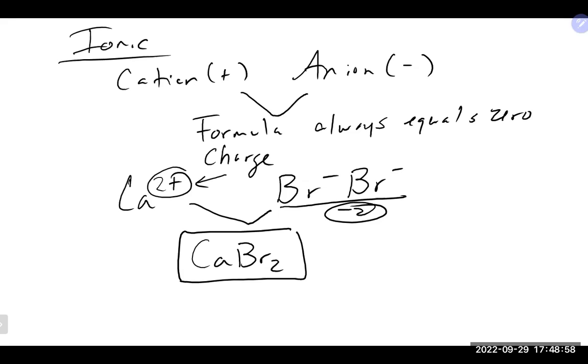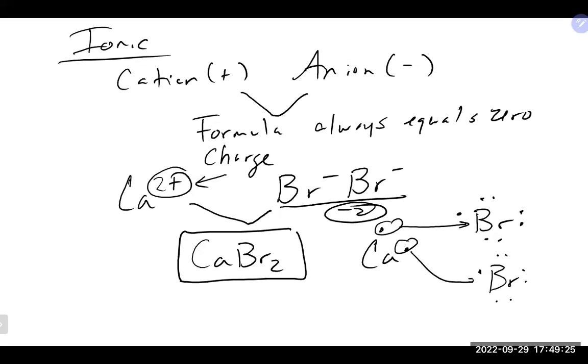The reason it needs to balance out to zero is what we talked about with bonding. Calcium has 2 valence electrons. Br has 7. So when calcium goes to lose its electrons, it needs an extra Br there to allow it to reach noble gas configuration.